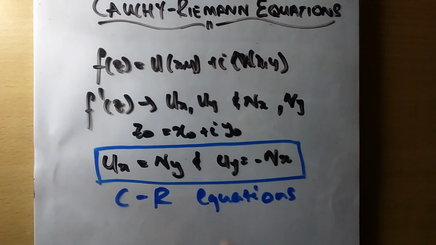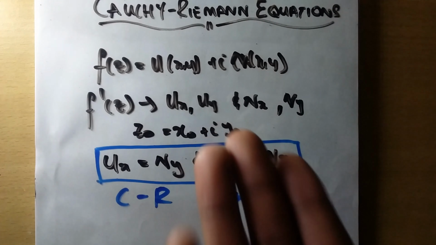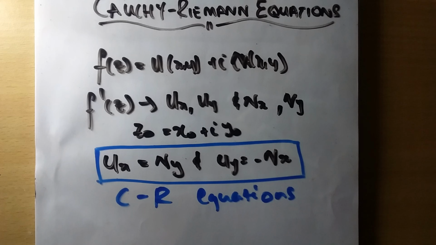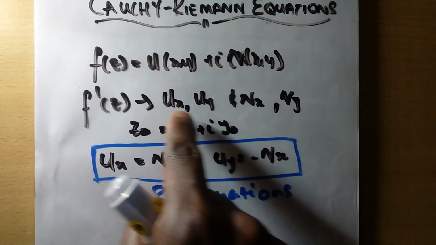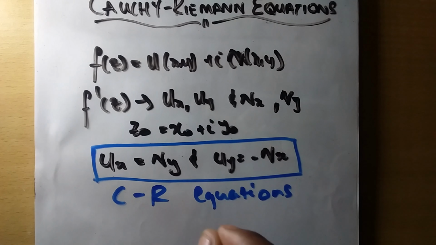And if they exist, they must exist at a certain point, which is z0, given by x0 plus i y0. And if these four things exist, then the Cauchy-Riemann equations must be satisfied.